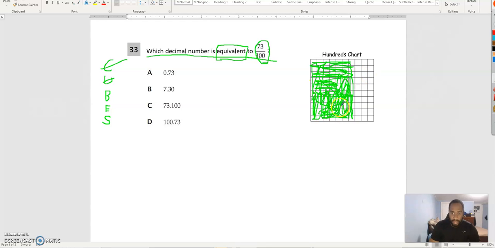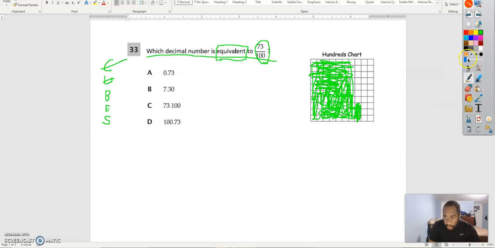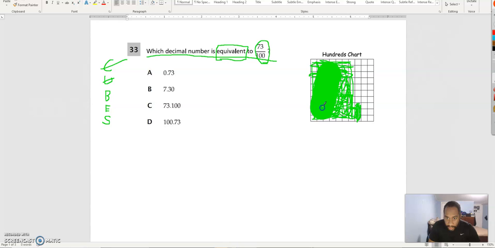Okay, now what's in the ones place? 3. So you shade in 3 ones. So this is what, let me do a little bigger so you can see it. Yeah, that's better.